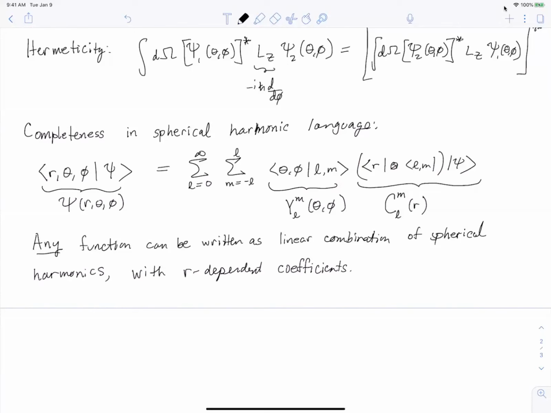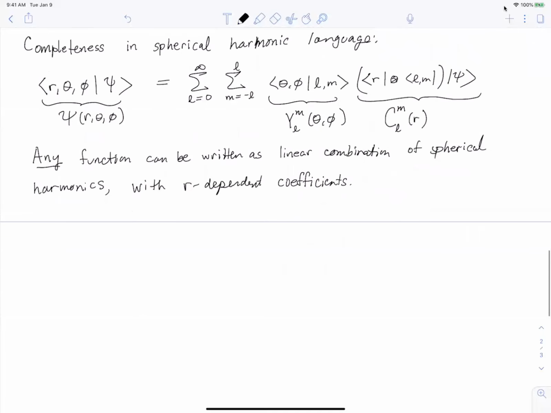Those are the CLMs. So if we're armed with that knowledge, then it becomes a useful thing to do to be able to figure out what the CLMs are. And so that's an important problem.